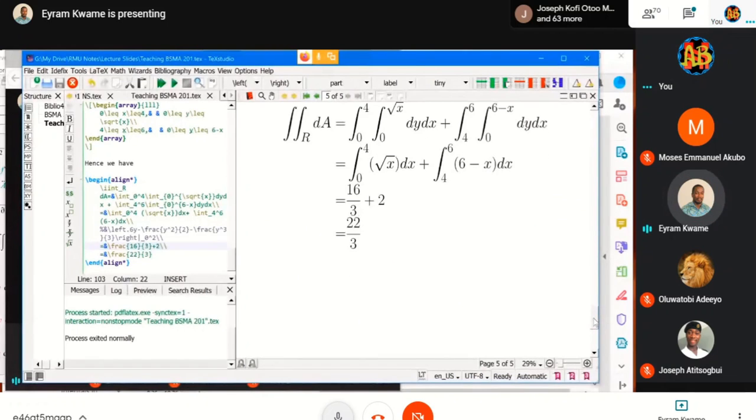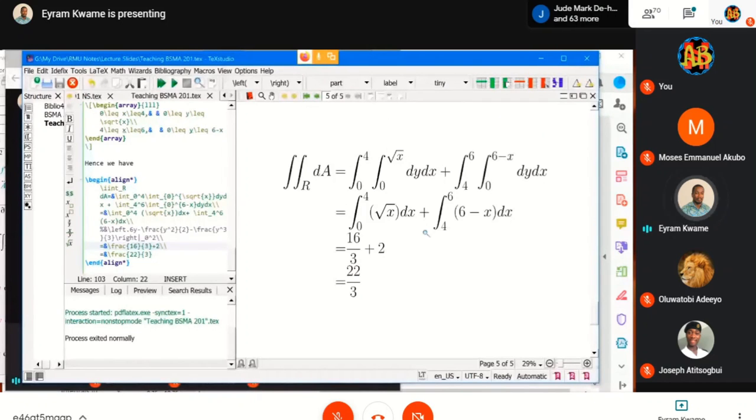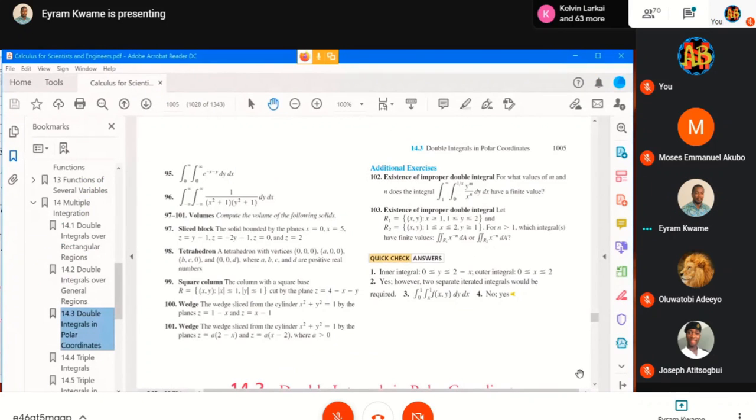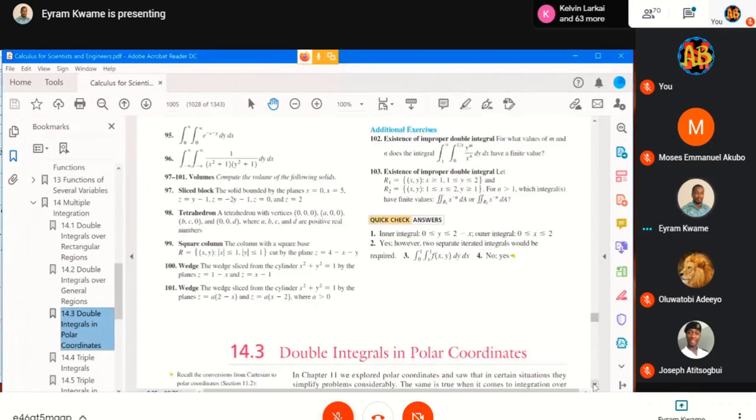Okay, the last thing I need to do under double integrals is, if you are working in a circular region, that is polar coordinates. That will be in section 14.3, I think. So in polar coordinates.